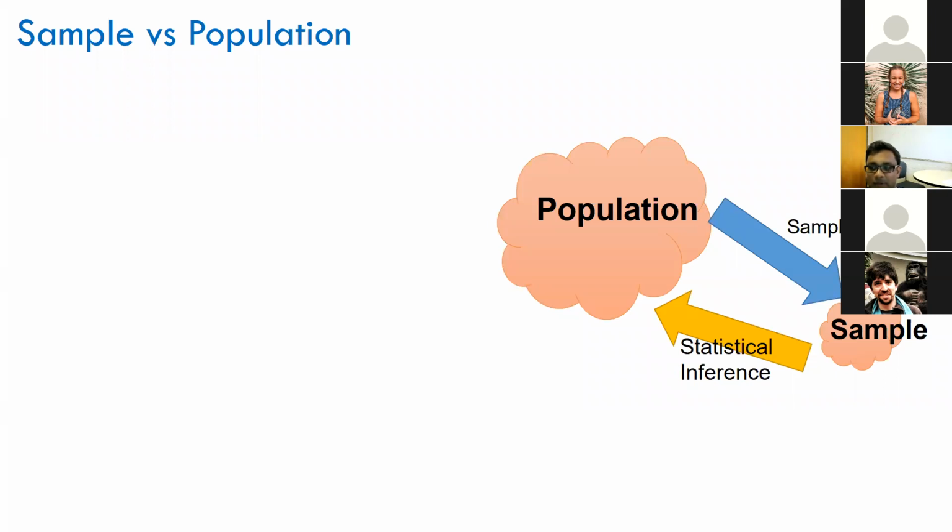That's why the blue arrow from population to sample, which is the experimental design and collection of data, is really important. If that process is wrong or it doesn't represent the population, the yellow arrow, your inference or decision about the population, is completely opposite, right? So that's why this is important.